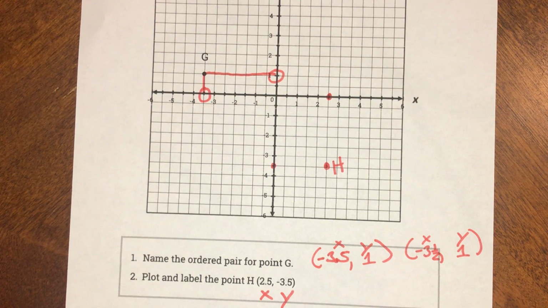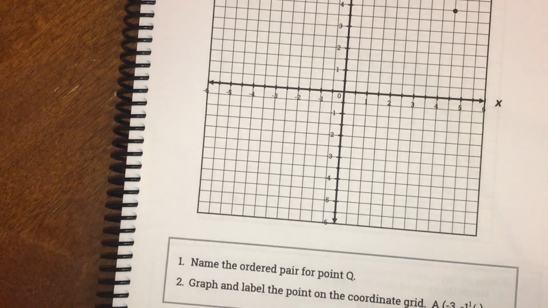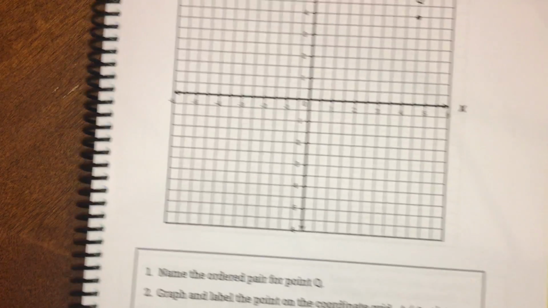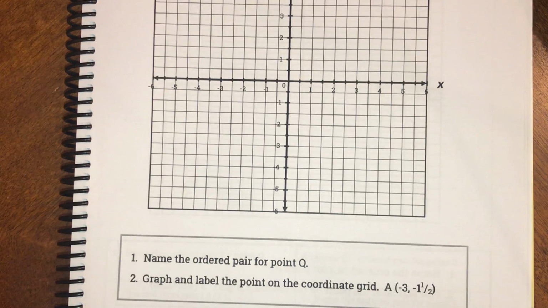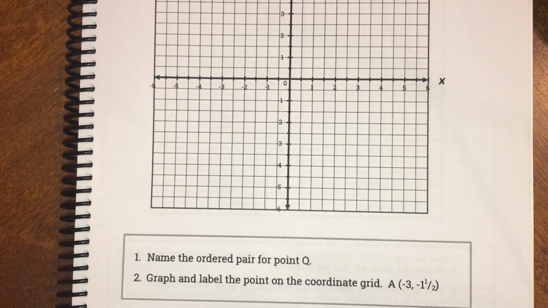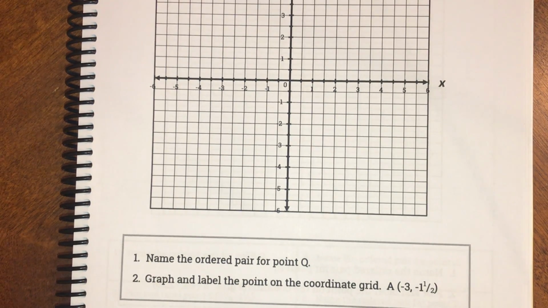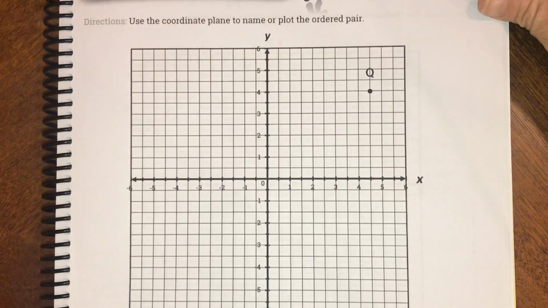So let's do some together. We are on page 274, and our first one says, name the ordered pair for Q. I'm going to have to move mine up so we can see Q. Okay, so we need to find where Q is at.